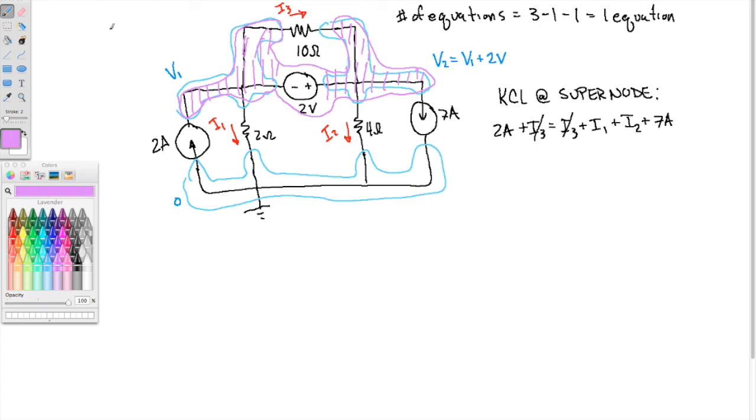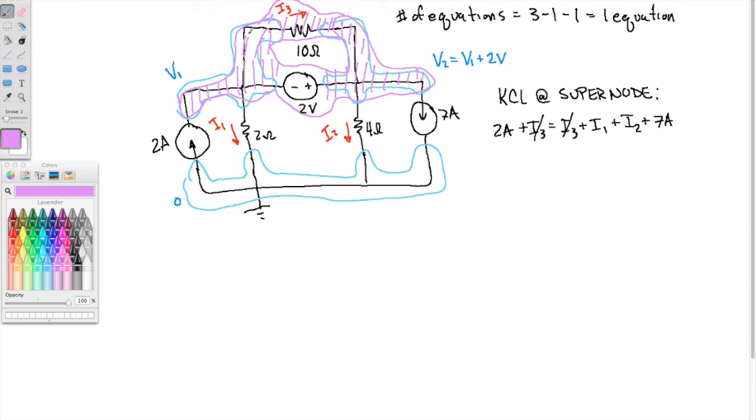So what we say is we're going to put that 10 ohm resistor inside our supernode, believe it or not. And the reason we can do that, this is the mathematical reason, is because it drops out. The physical reason is because the 10 ohm resistor is in parallel with that voltage source that's in the supernode.